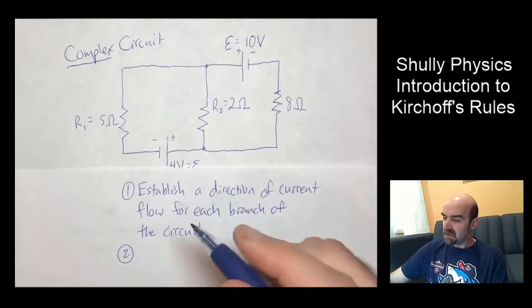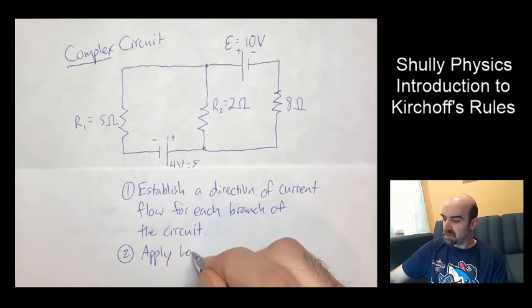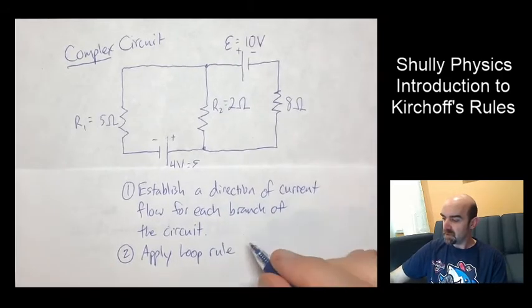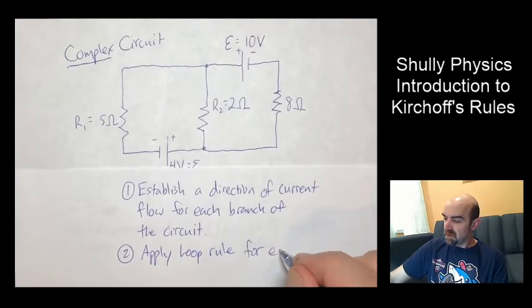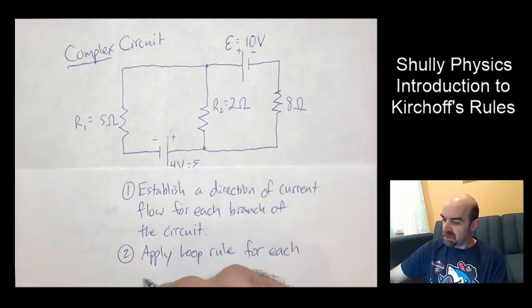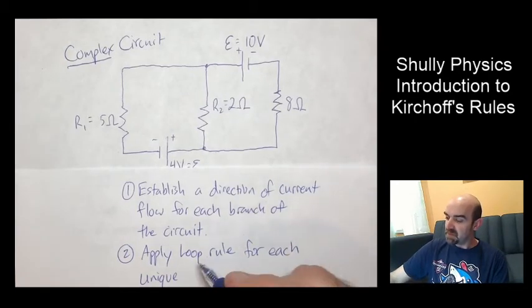Number two, we're going to apply the loop rule for each unique loop of the circuit, so that all elements are represented. I needed a unique word there, and the word is unique.